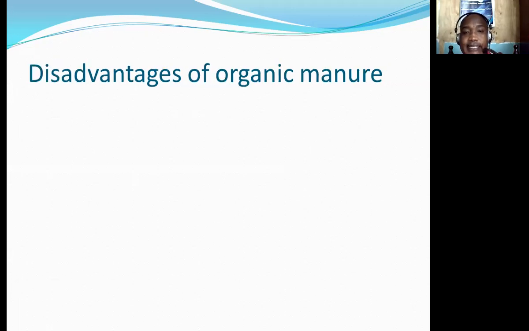Pupils, let us see the disadvantages of organic manure. One, they are bulky. When we say bulky, very heavy to transport.